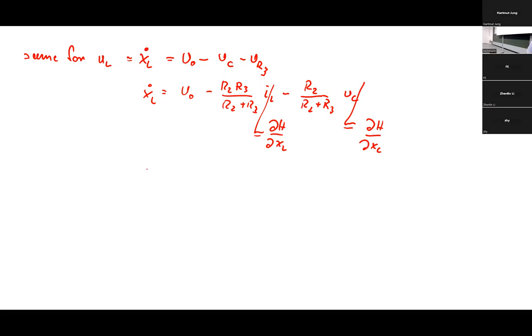Same way, xC dot, we compose everything, we end up with R2 divided by R2 plus R3 dH/dxL minus 1 over R2 plus R3 dH/dxC. So now I want to compile everything.